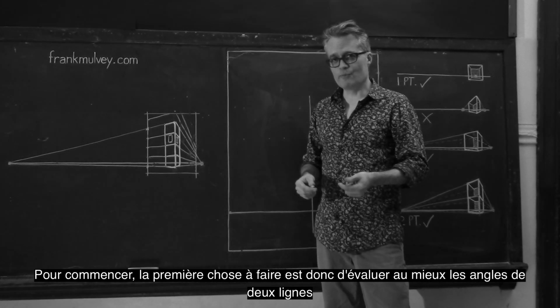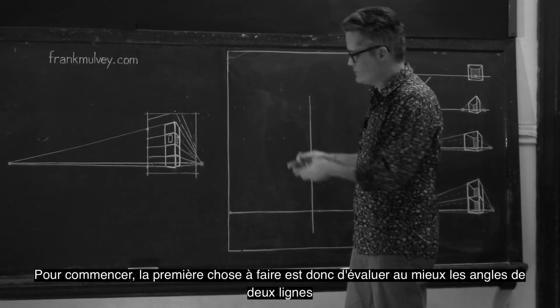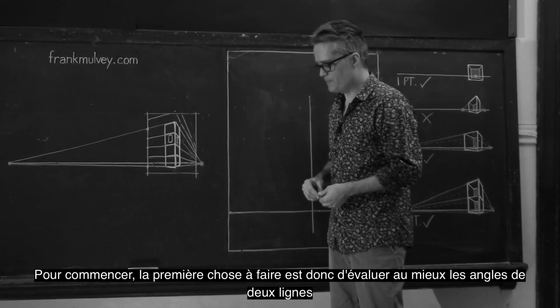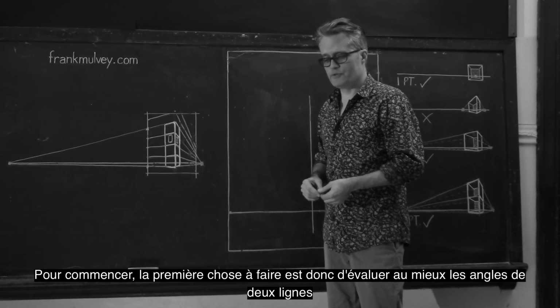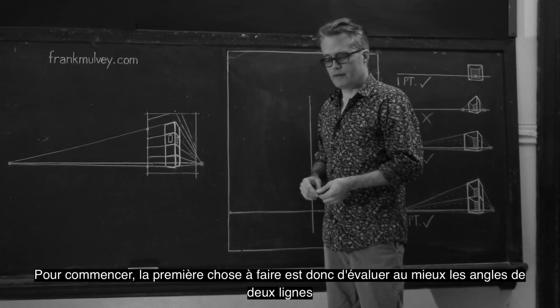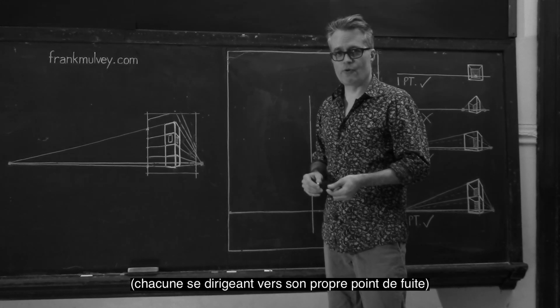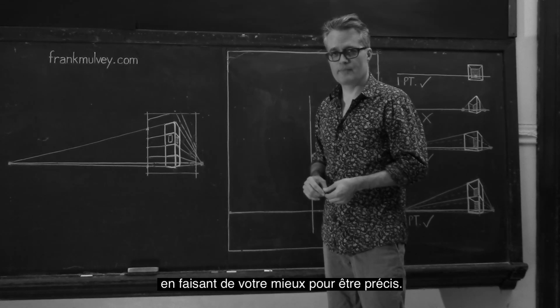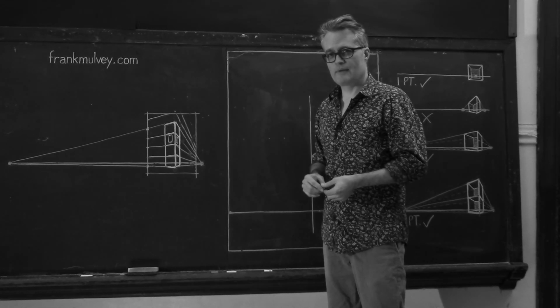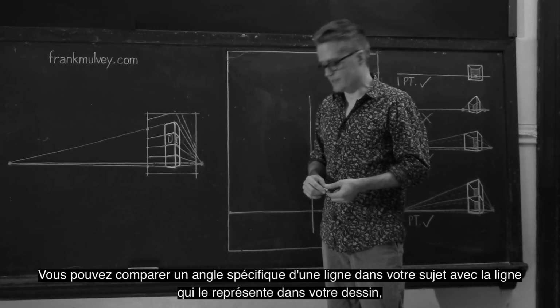So the way that you would start this out is in looking at your architectural subject matter. The first thing that you would do would be to gauge two lines, each going to their respective vanishing point, as best you can. Now you can use sighting as a technique.